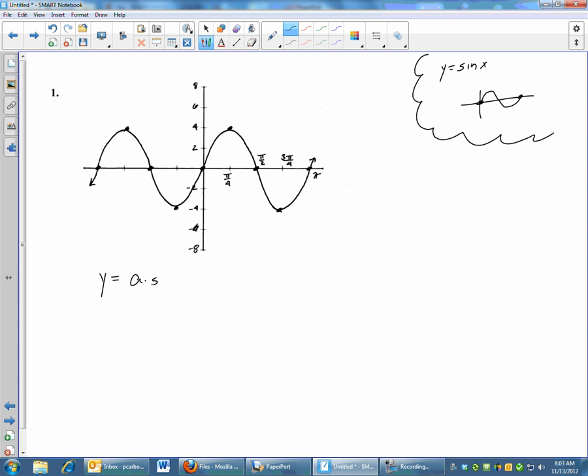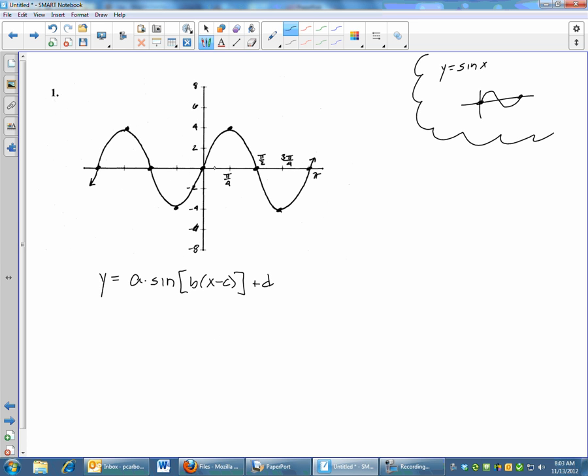The overall equation is a sine of bx minus c plus d, where a is the amplitude, b is your period, and c and d represent any kind of shifts.